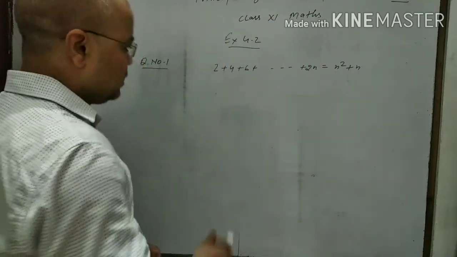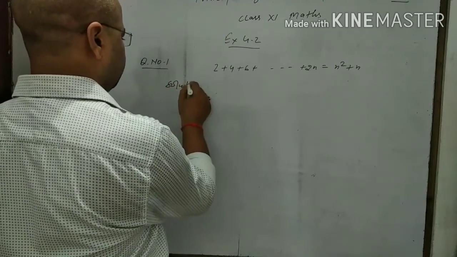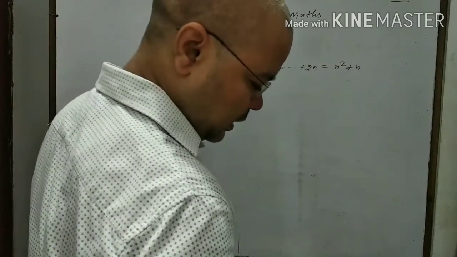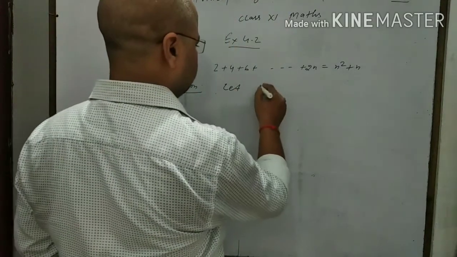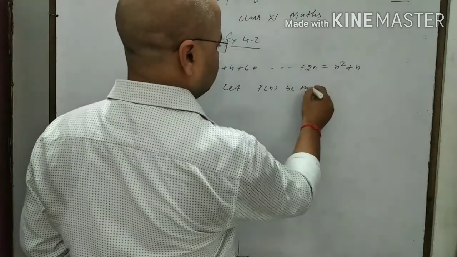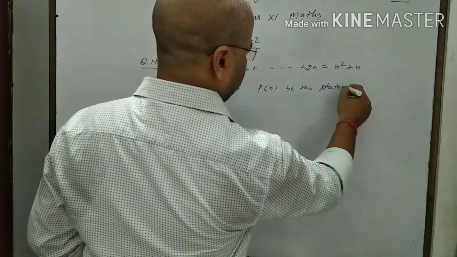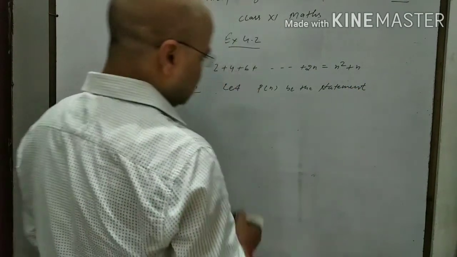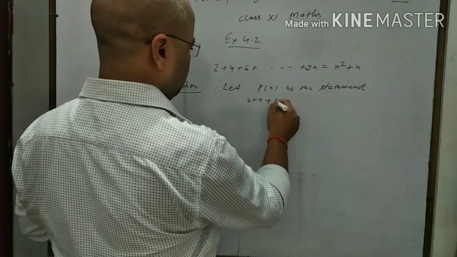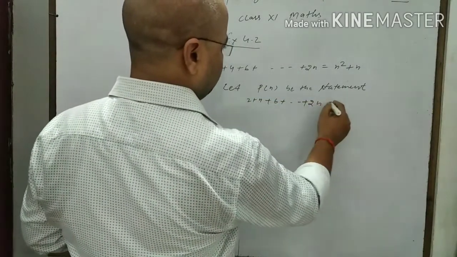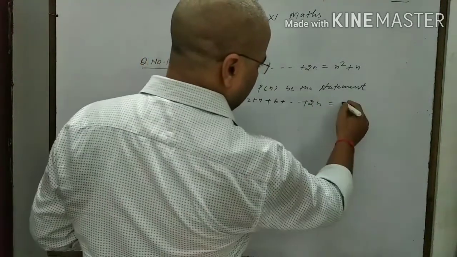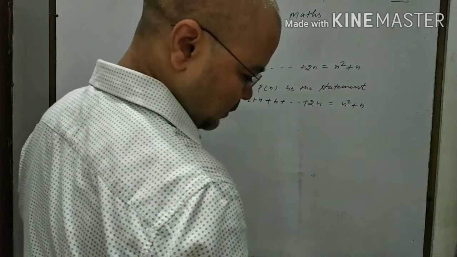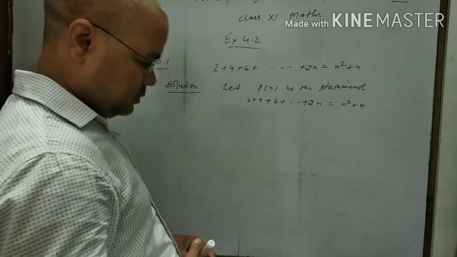Solution: let Pn be the statement, that is 2 plus 4 plus 6 plus up to 2n is equal to n square plus n.